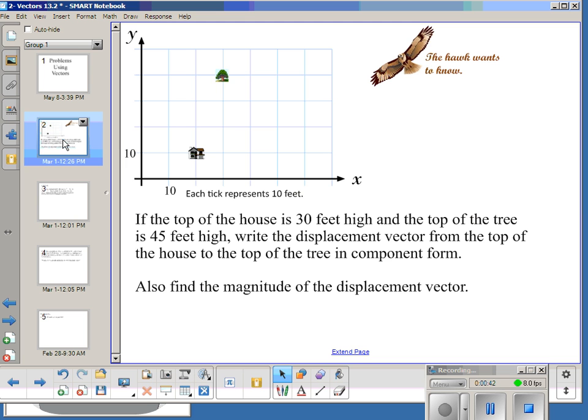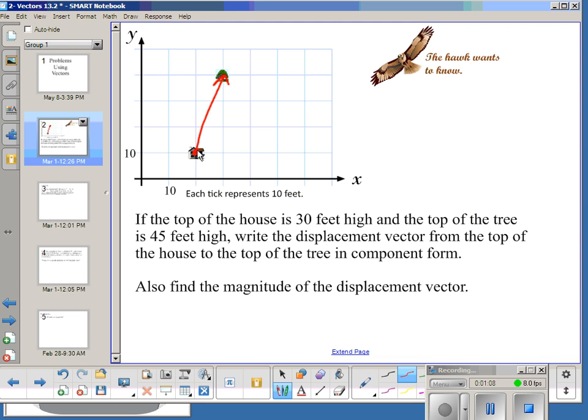And we have a hawk who really wants to know that if the top of the house is 30 feet high and the top of the tree is 45 feet high, we want to write the displacement vector from the top of the house to the top of the tree in component form. So we're kind of doing this right there, but also with height. And each scale is 10 feet.